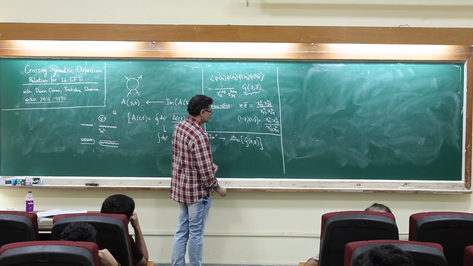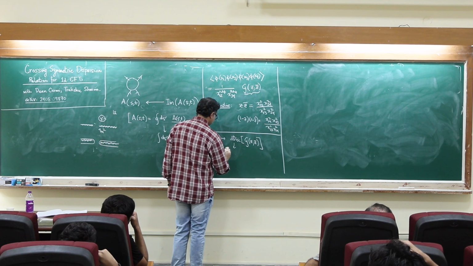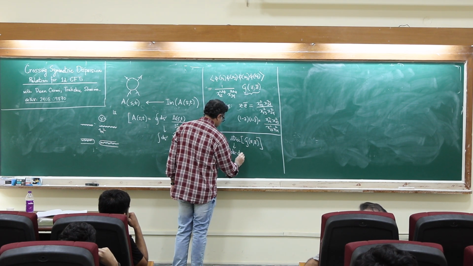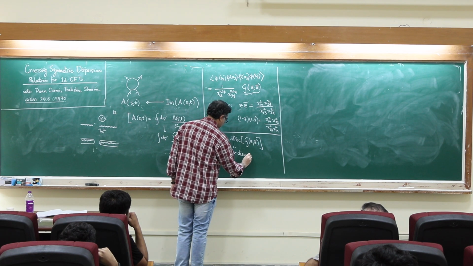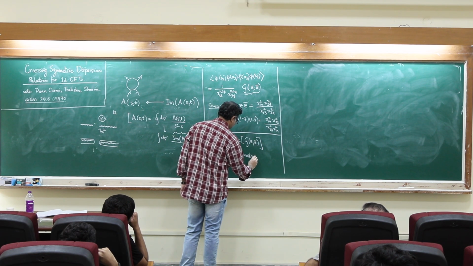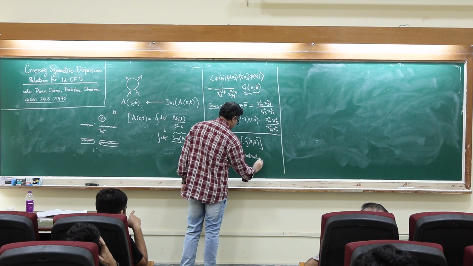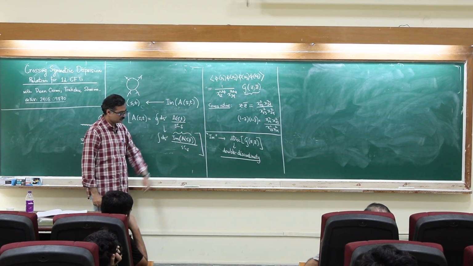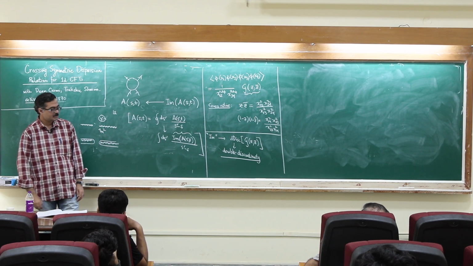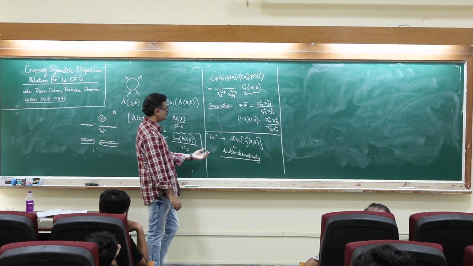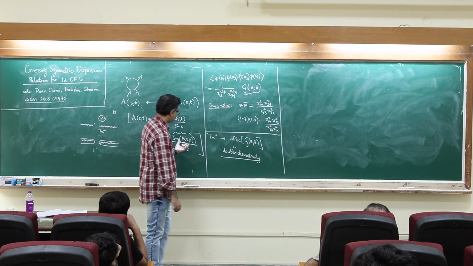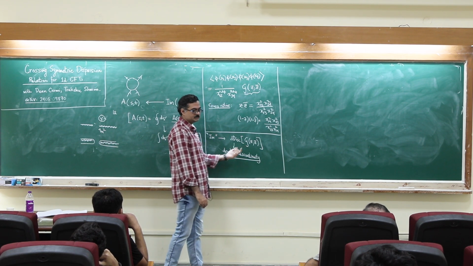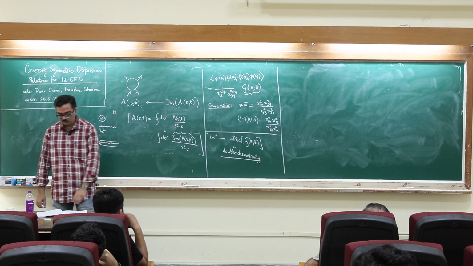This is a shorthand for what is referred to as double discontinuity. Okay, I'm going to define it shortly, so don't worry. The idea is that this is going to play the role of the imaginary part in the scattering amplitude context, and this is going to have nice positivity properties.